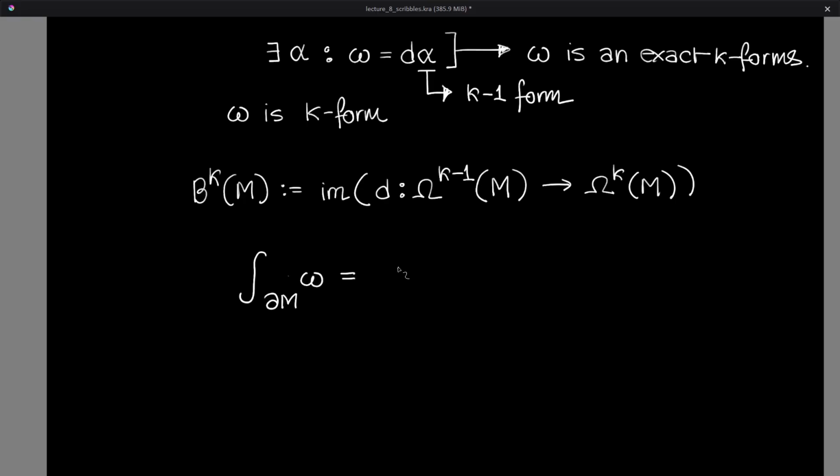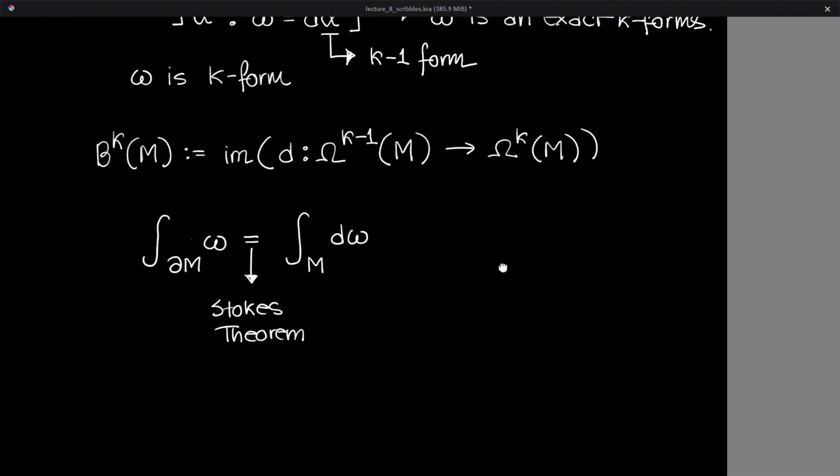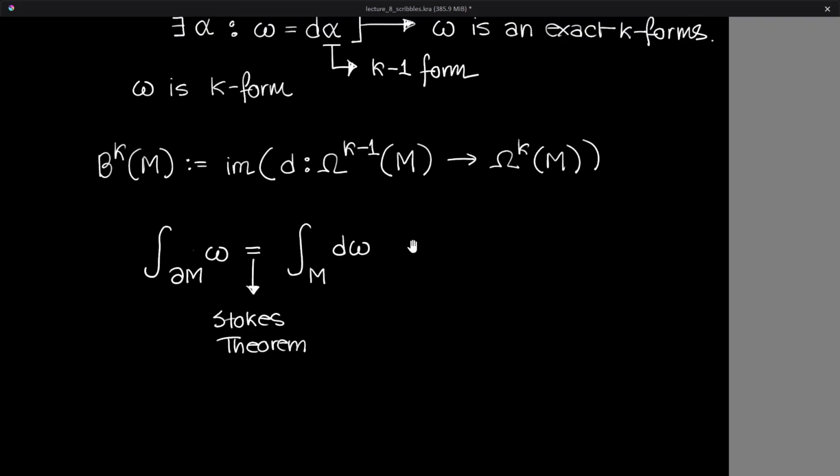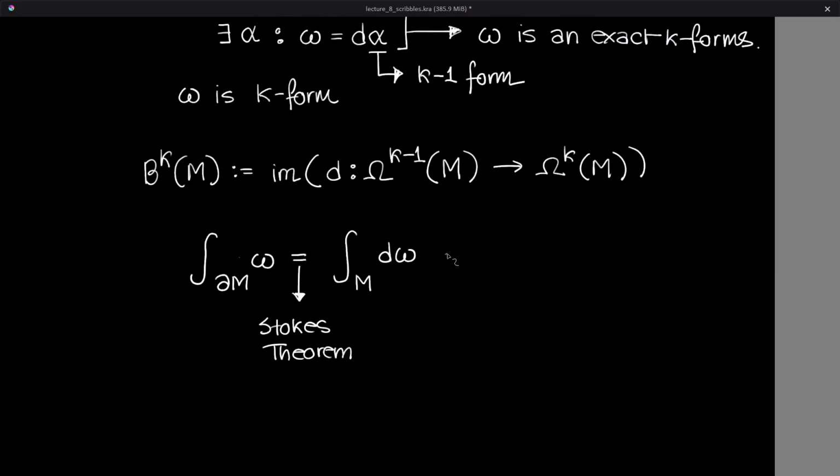We know by Stokes' theorem again that this is equal to its exterior derivative evaluated over the interior of that submanifold. So we don't know that this is 0, because we don't know if it's a closed form.